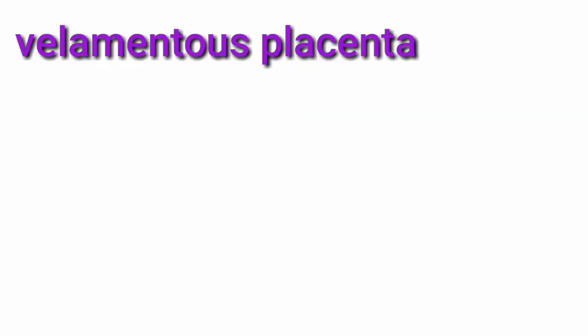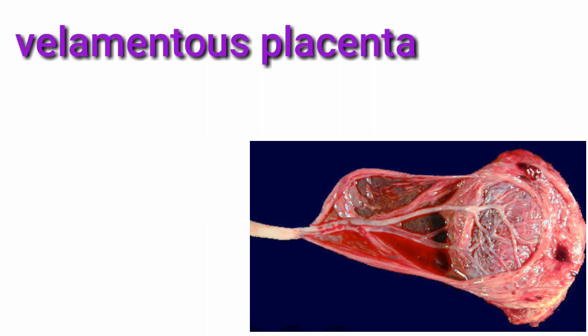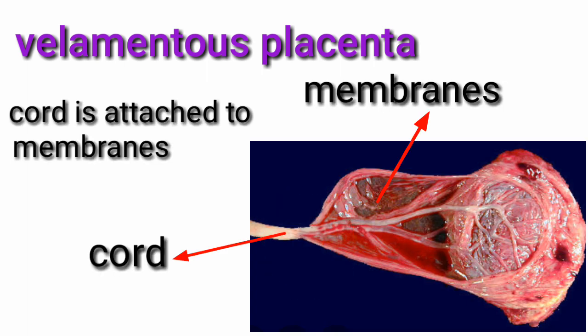Then we can see velamentous placenta. Here the cord is attached to the membranes. In a normal case, the umbilical cord will be attached to the main placental body. But here the umbilical cord is not attached to the placental body but to the fetal membrane.